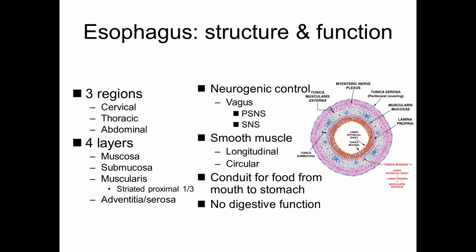Okay. So going through some of these specifics, starting with the esophagus structure and function, just a quick and dirty review. There are three regions of the esophagus: the cervical, the thoracic, and the abdominal. You could say cranial, mid, and caudal, or proximal, mid, and distal. It has relevance coming up shortly with megaesophagus.